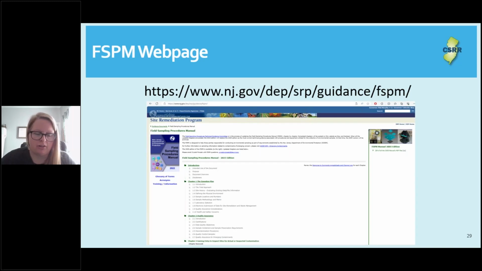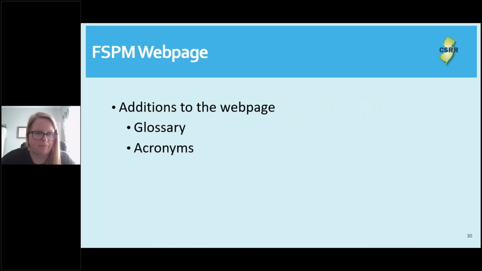Down the center is all of the chapters. And on the left-hand side, we added a training tab that will go right to the training website to these specific trainings. We also did an acronyms and a glossary tab for ease of use. Again, the glossary and acronyms are new to the website.